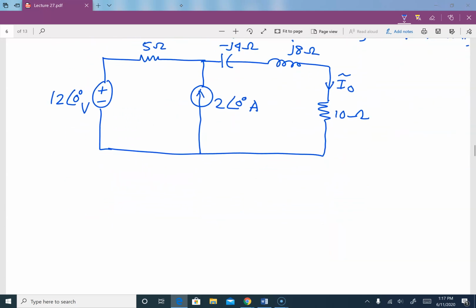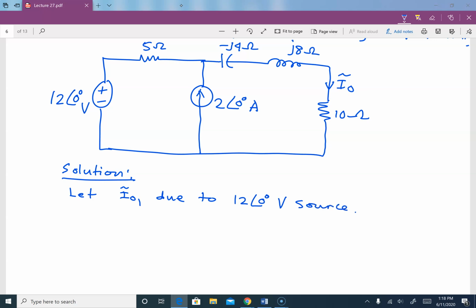So when we are using superposition, we need to activate only one source at a time. So we will assume, let I naught 1 be due to the 12 with angle 0 volt source, and I naught 2 due to the 2 with angle 0 ampere source.